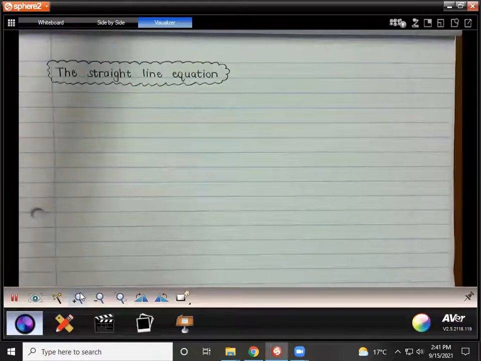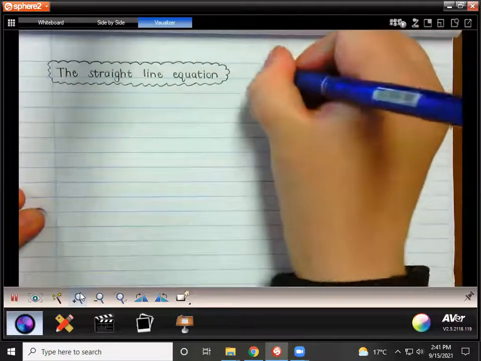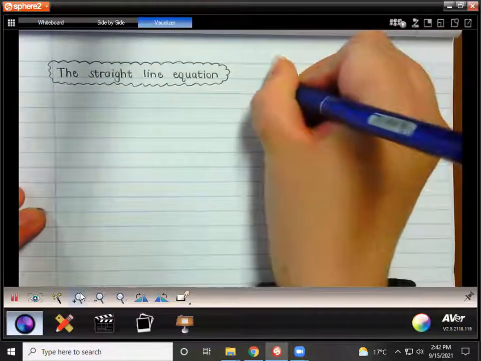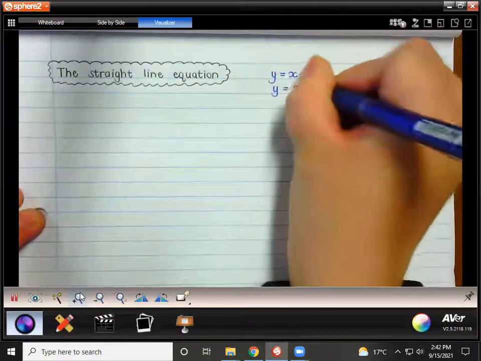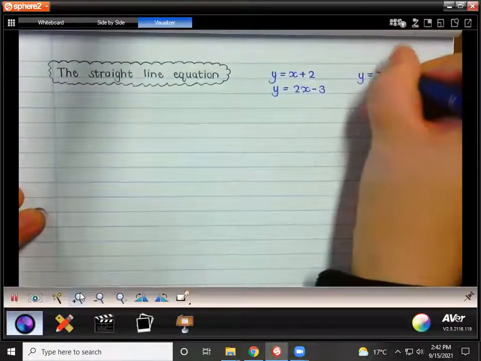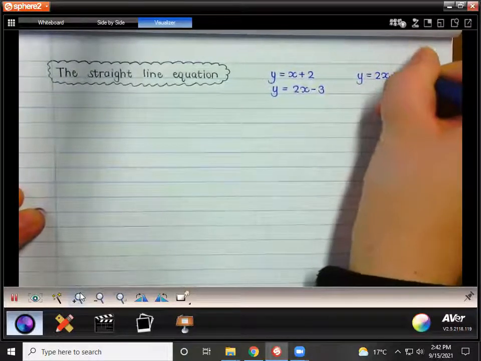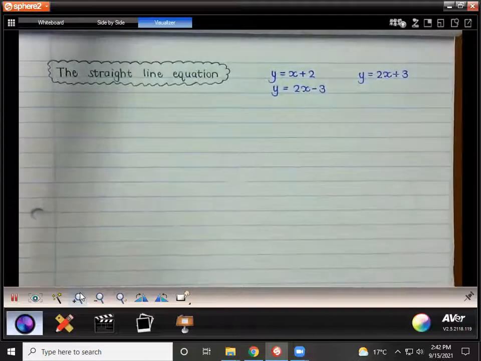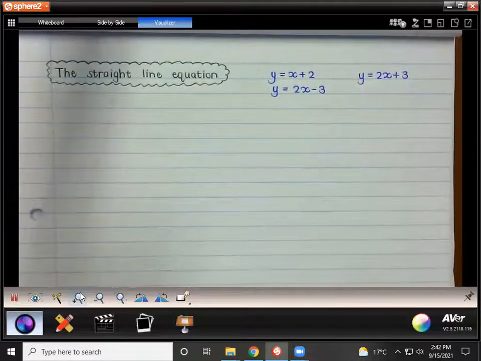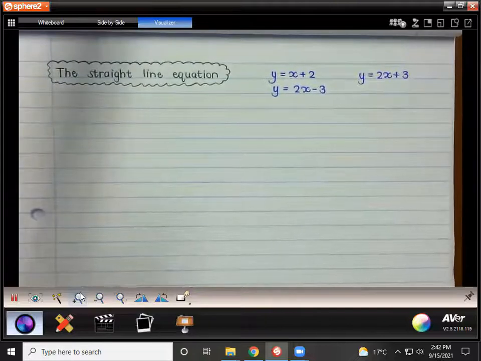And on this side, I'm just going to write the three equations that we worked with now. So the first one was y equals x plus 2. Then we had y equals 2x minus 3 and y equals 2x plus 3. Okay, those are the three that we've just done.